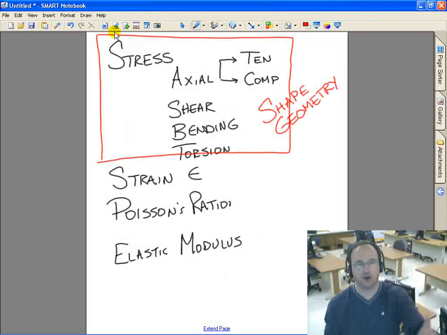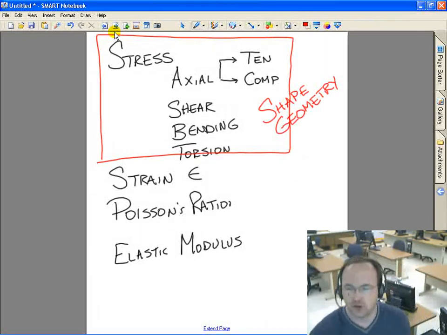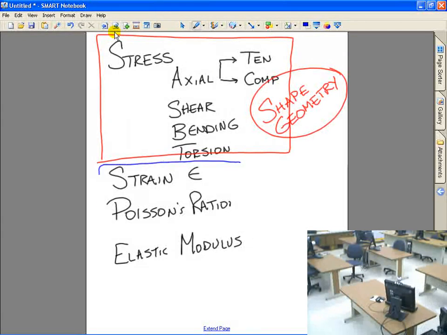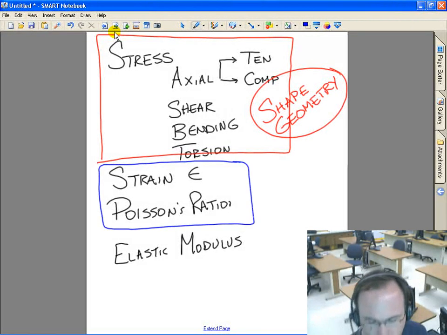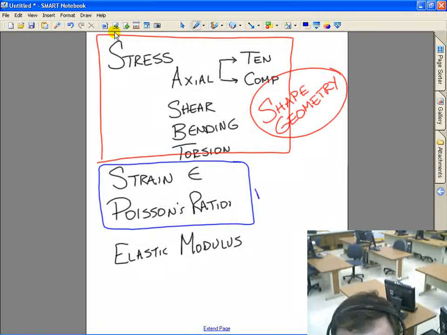This is a function if you put an external load on. Stress is a function how the shape handles that. The shape provides resistance to that external load. How? By stress, and it's a function of the shape and geometry of the object. Strain and Poisson's ratio, the deformation that results is a function of the material.